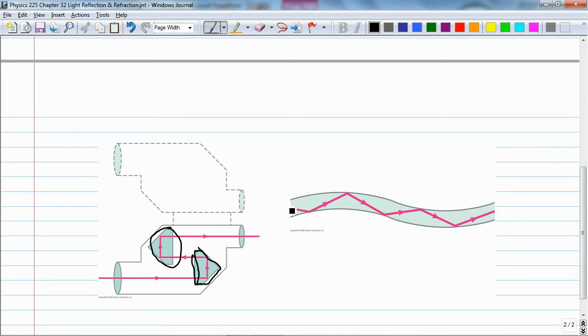In the case of fiber optics, you get total internal reflection based on these refractive indexes, and because of the total internal reflection, very little light gets out of fiber optics, which makes it a fairly good medium to transmit information from point A to point B.